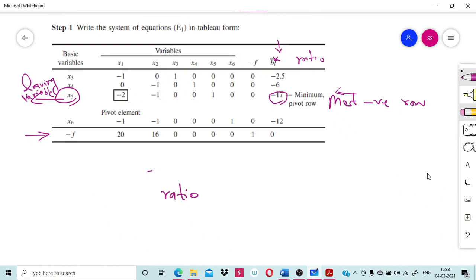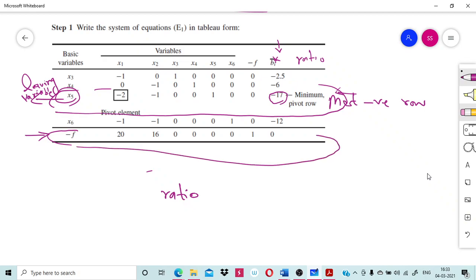First of all, you consider the minus f row as well as this x5 row, and you take the ratio between the corresponding elements of these two rows.